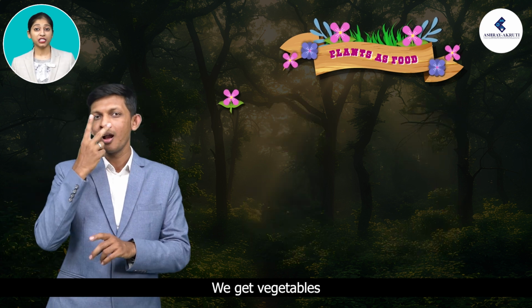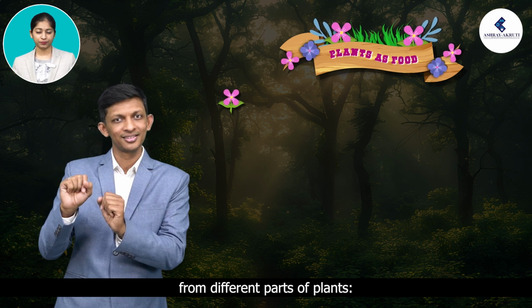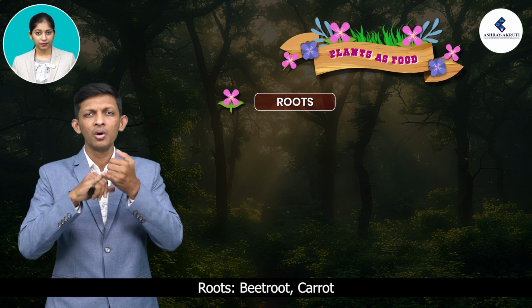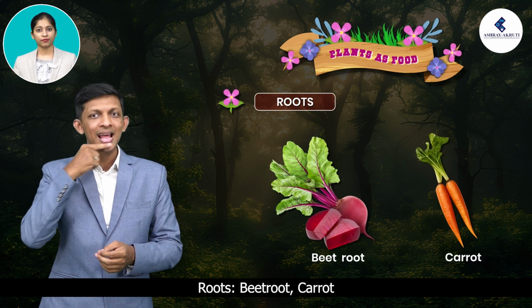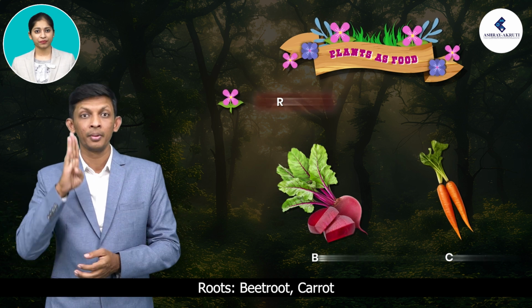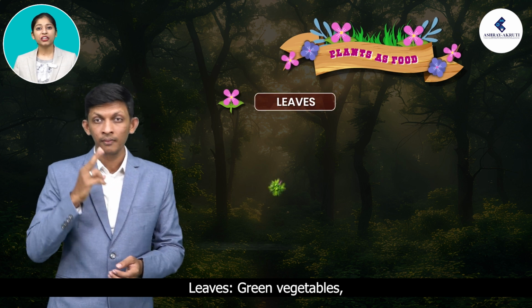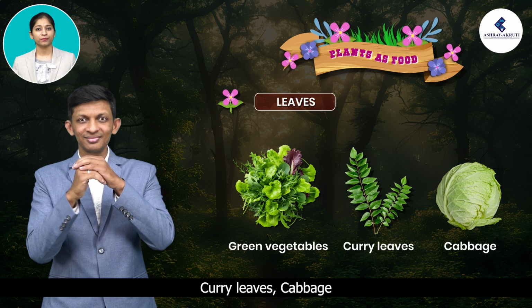We get vegetables from different parts of plants. Roots: beetroot, carrot. Leaves: green vegetables, curry leaves, cabbage.